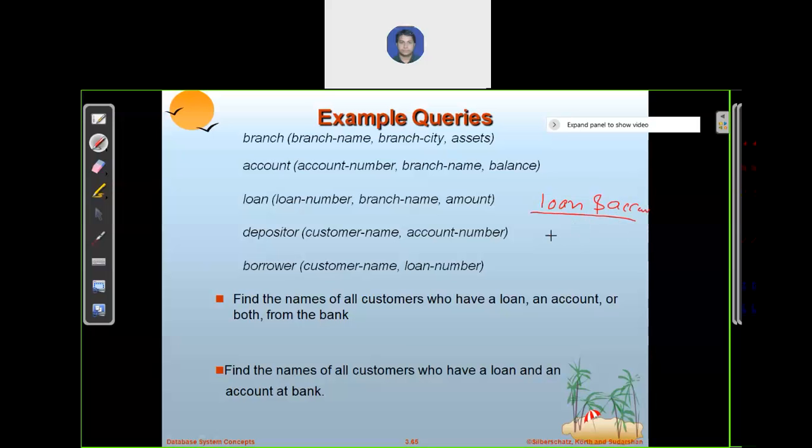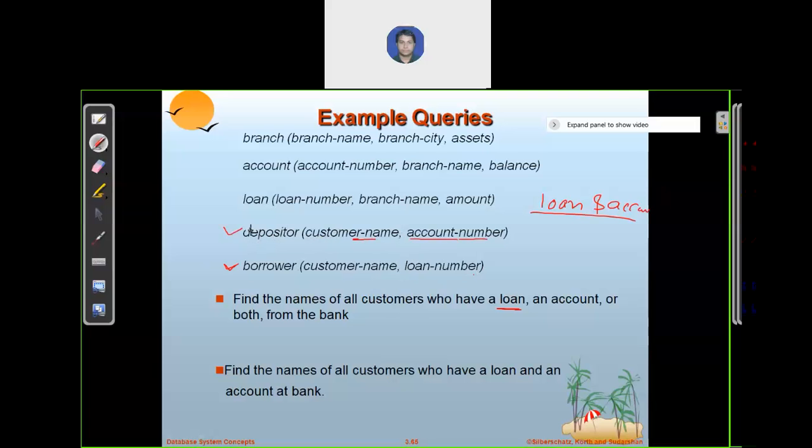So first, find the loan table. In the borrower table, there is a customer name and loan number. Means this is the loan number and this is the customer name who has the loan. In the depositor table there is a customer name and account number.